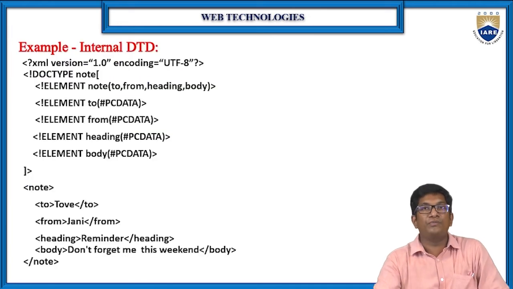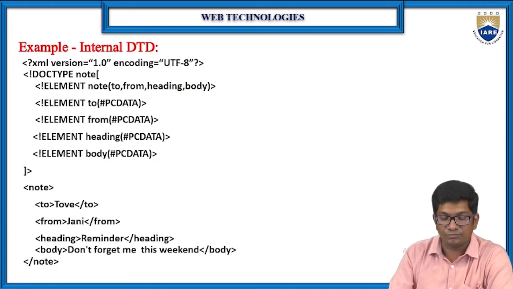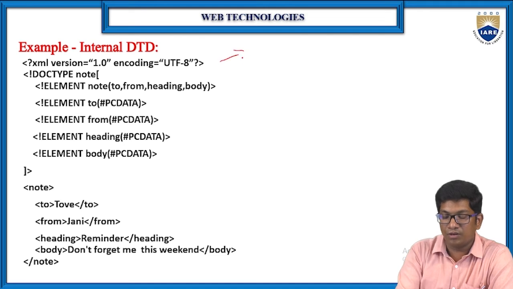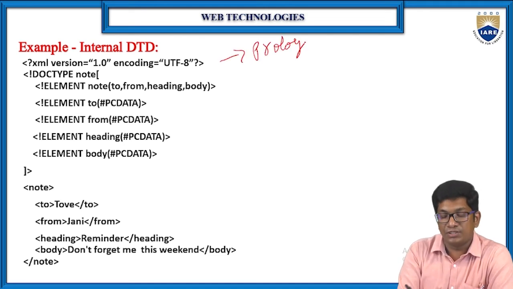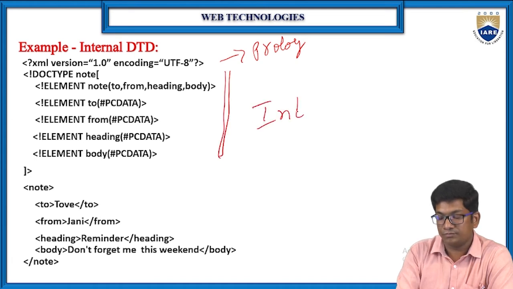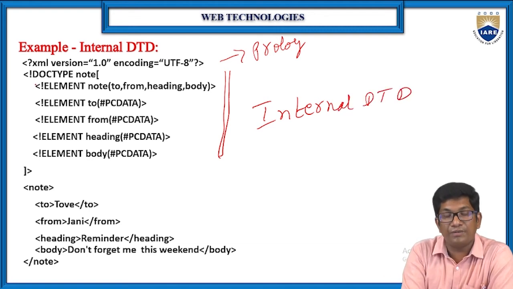So here is a simple example for internal DTD. This one is the prologue, which we already discussed. So these are the internal DTD. See here, we have started with DOCTYPE. The root node is note, opened with a square bracket.